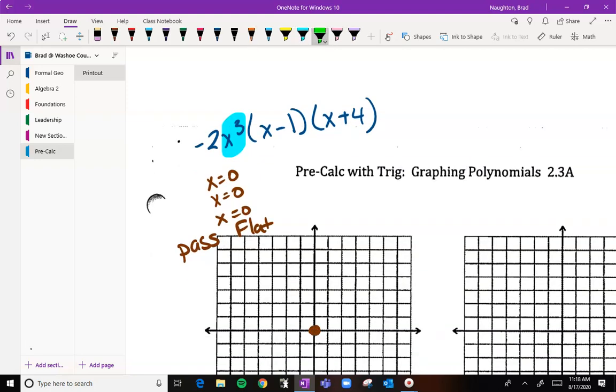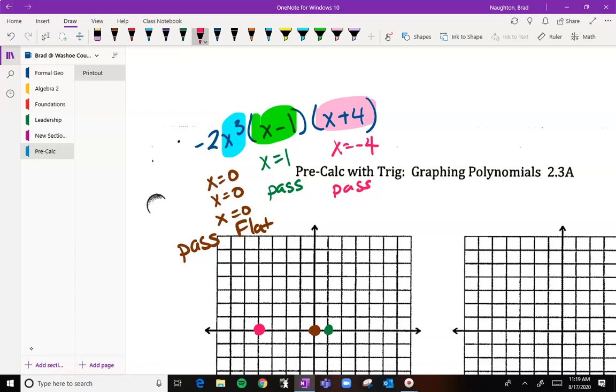Then I have a -1, so when I solve that, I'm going to get +1, and again, it's going to pass through. And then here, I'm going to have a -4, and it's going to pass through. It looks like a Y. Let's fix that. Boom. 1, 2, 3, 4. Cool?